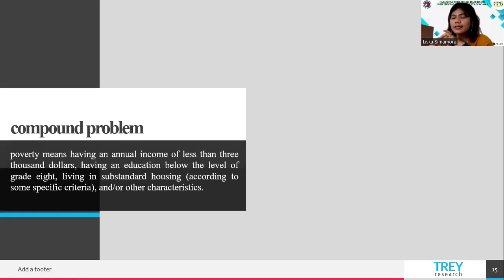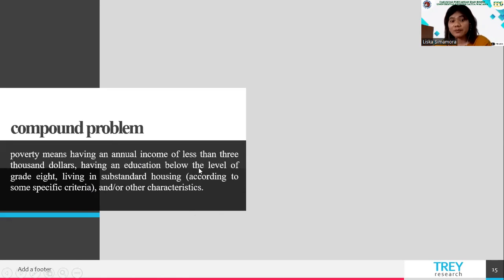If we define poverty according to a compound problem, it means that we have to find the solution in order to increase the income, to increase the education level, and to build a good housing standard. And then we have to define other factors, right?